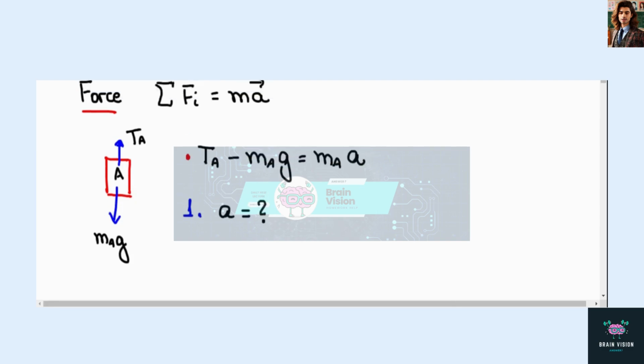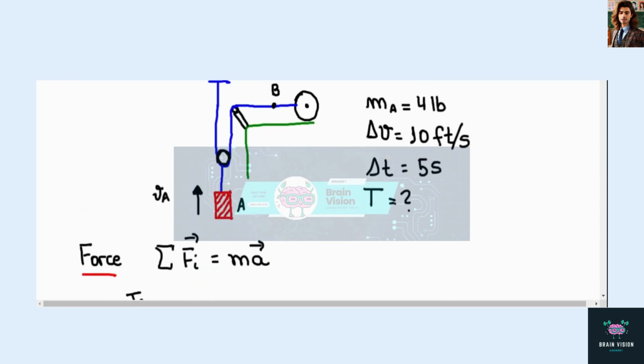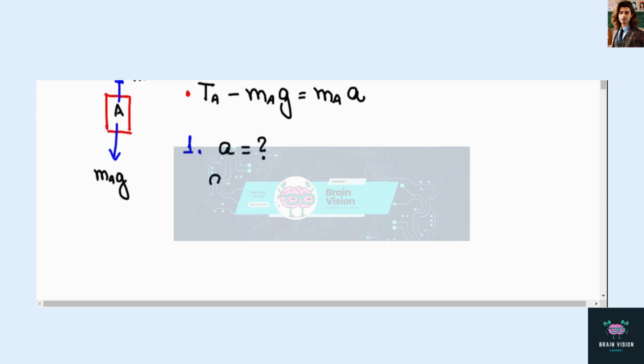Notice that at point B, the speed changes from 0 to 10 feet per second in 5 seconds. So the acceleration at point B is equal to delta V divided by delta T, which is 10 feet per second divided by 5. So this is 2 feet per second squared. This is the acceleration at point B.